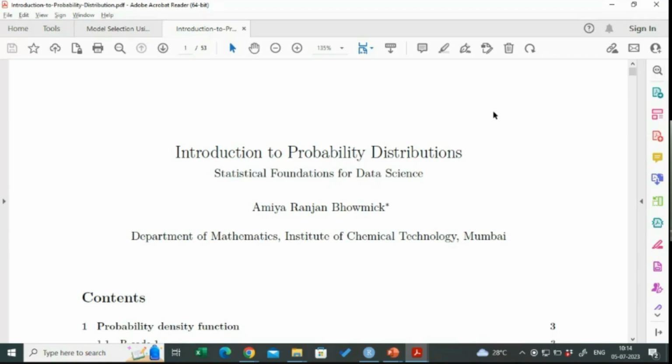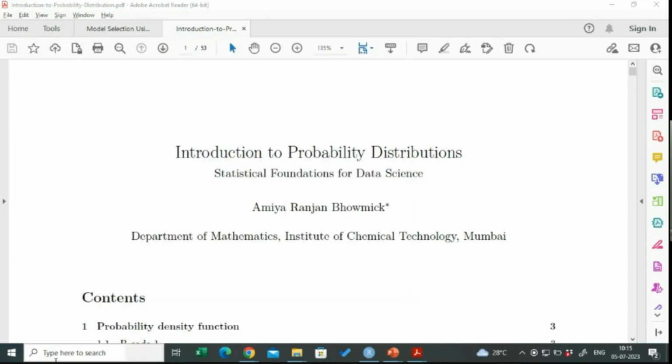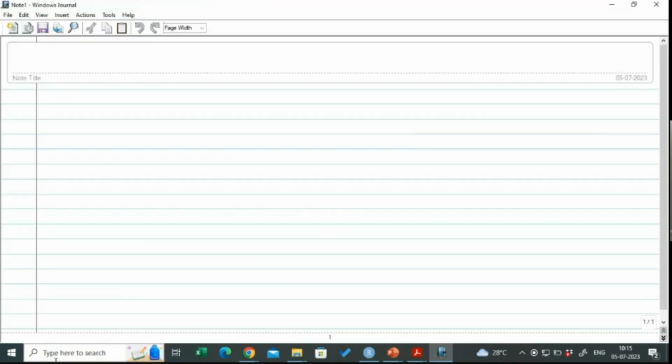For the normal distribution, let me also open this journal, because one session is on effective documentation using RStudio as well. Typically we write that x follows normal mu sigma square, and its probability density function is.